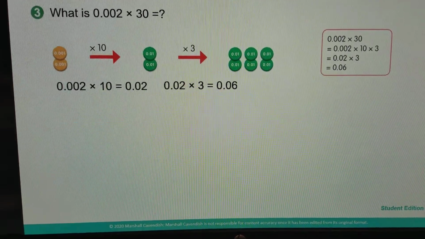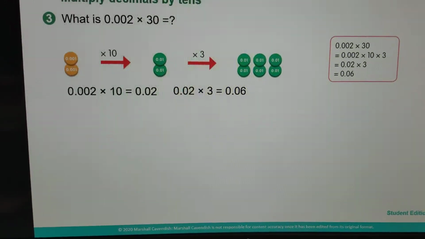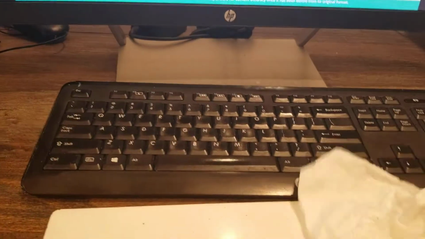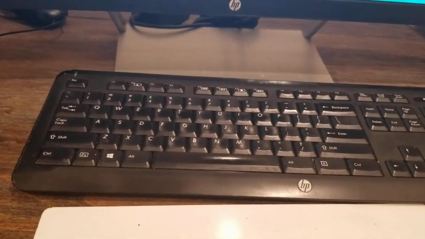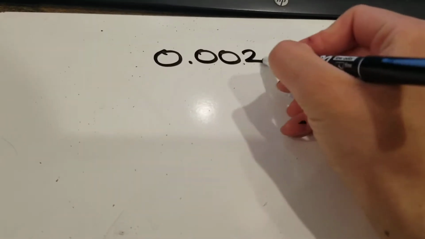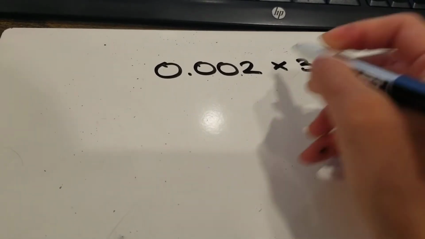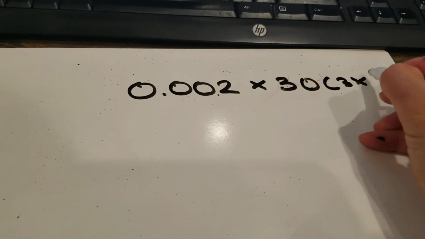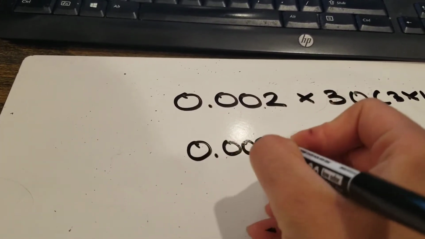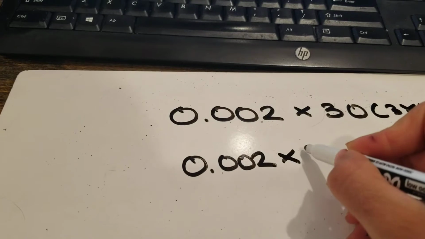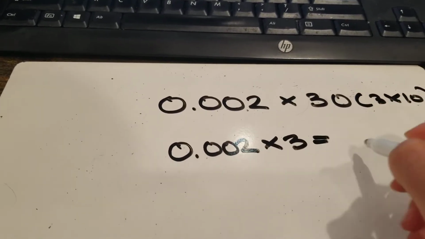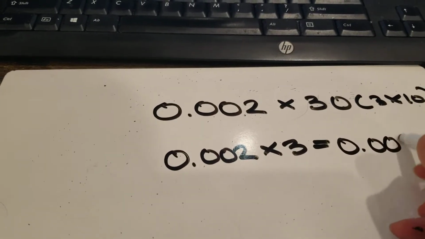They didn't do the second method here. But the second method, I'll show you. It would be 2/1000ths times 30, right? So I know 30 is 3 times 10. So I'm going to do 2/1000ths times 3 equals 6/1000ths.